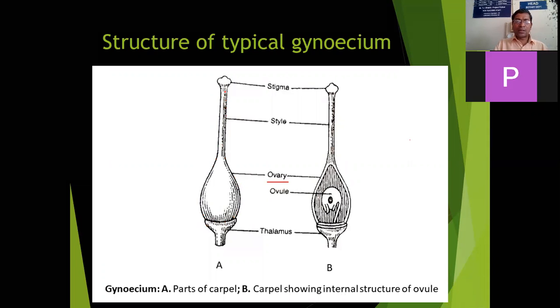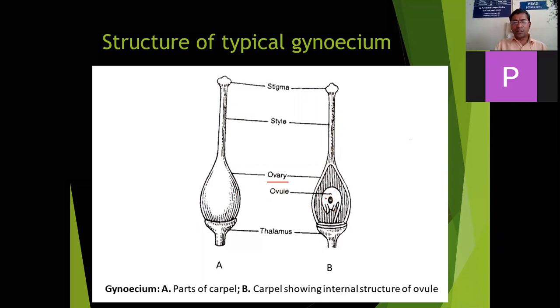Then the style, and the apical region above the style is called the stigma. Now, when you take the vertical section of this ovary, you will observe the presence of an ovule.